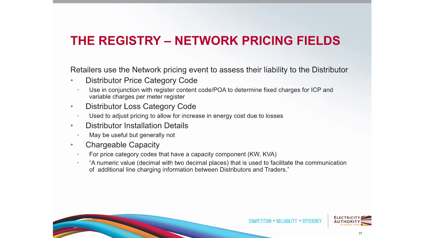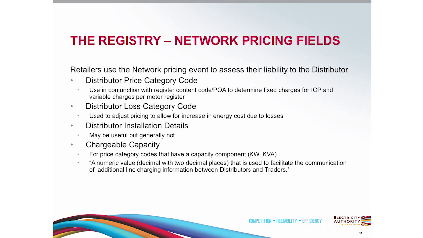I'm not going to go too much on about the loss category code. We've sort of done that to death as well, but the code influences the loss factor. Loss factor impacts settlement and assists in pricing decisions. Installation details is an interesting field because it's free text. And my comment there is sort of tongue-in-cheek, but actually it's pretty much right.